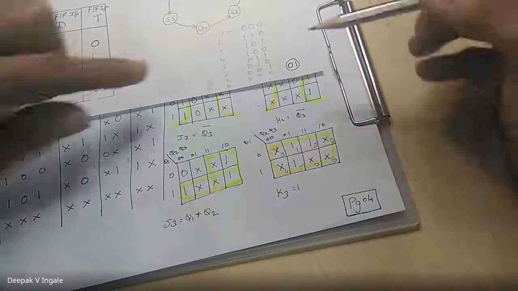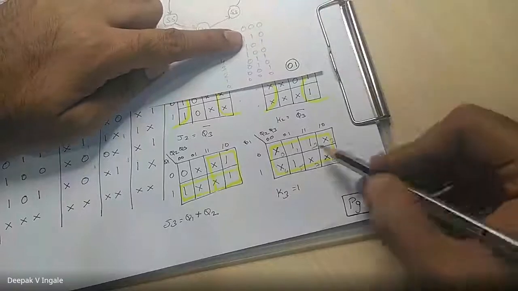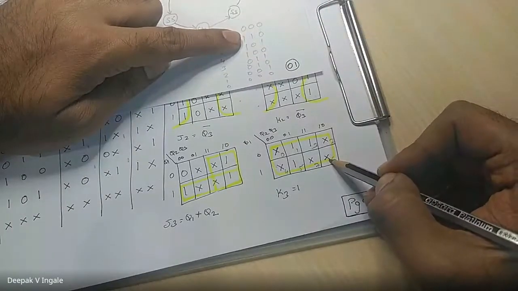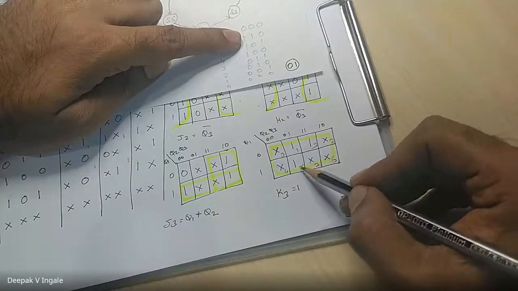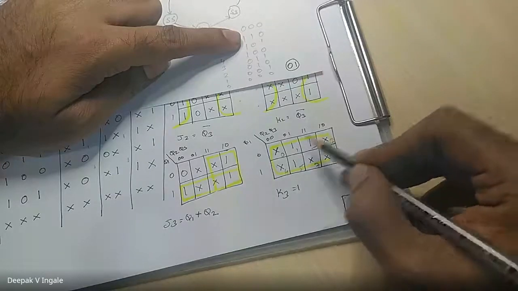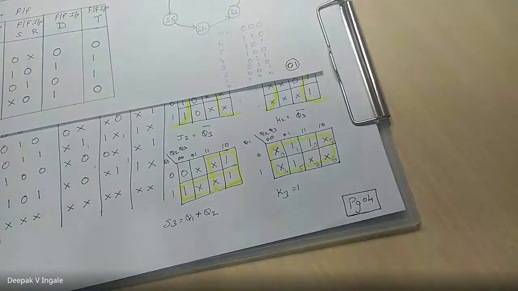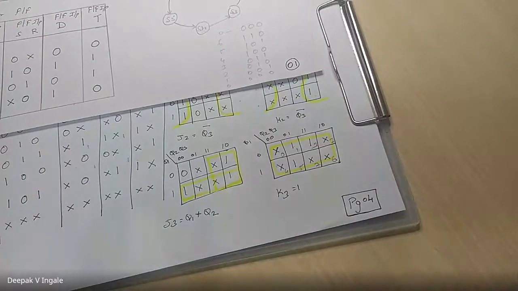So in this fashion, what would you do? You would write in 6, then you would write in 5, 4, 3, 2, 1, 0. So the time required to write 10 to 1 would be a little more compared to writing 1 to 10.